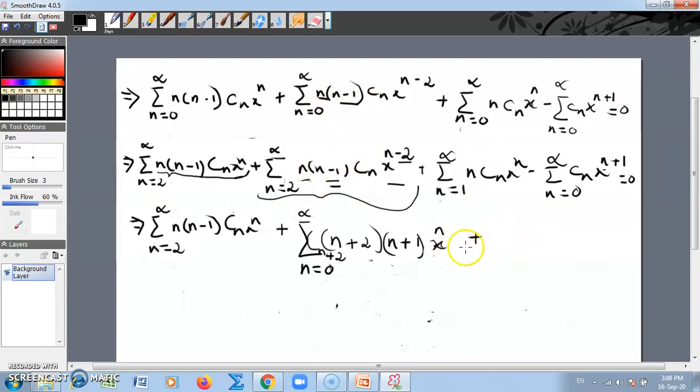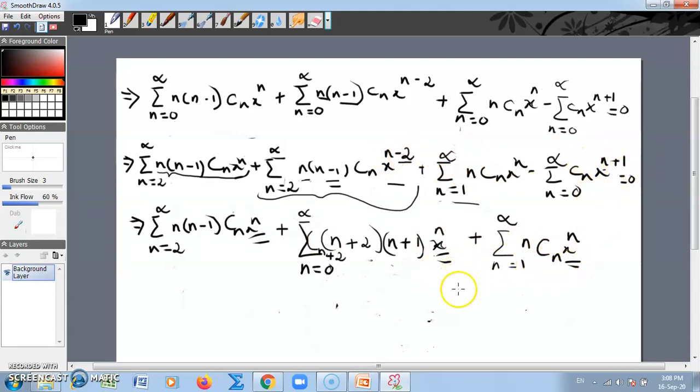So after this we write this as n goes from 1 to infinity, n Cn x to the power n, because I don't have to change it here. This is x to the power n, this is x to the power n. But this one, you see, here it was 2 less, here it is 1 more.